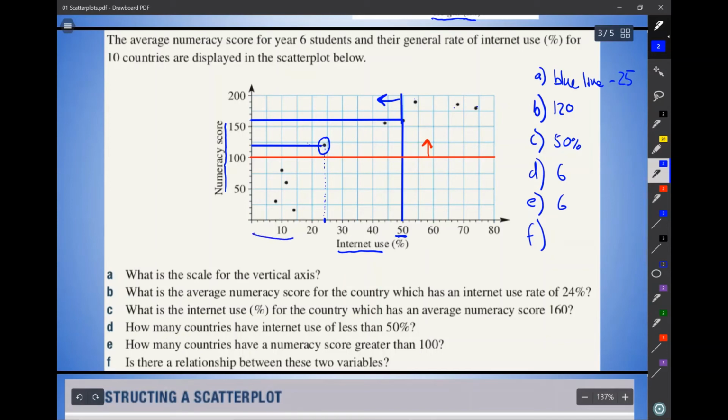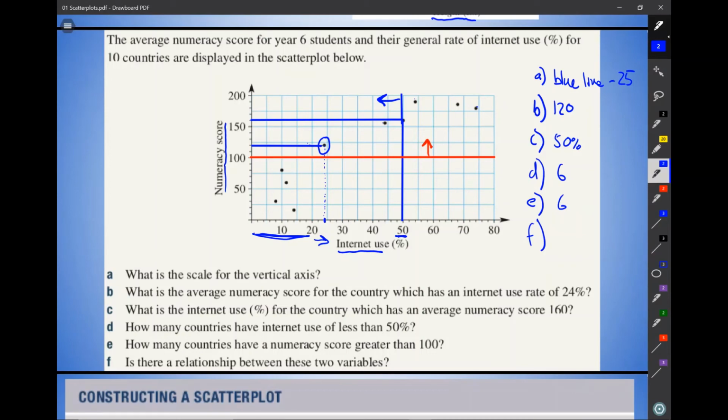At the lower values of internet use, it doesn't seem to make a difference, but when internet use gets above 20%, there seems to be a fairly distinct increase in numeracy scores. So that's what you would say.